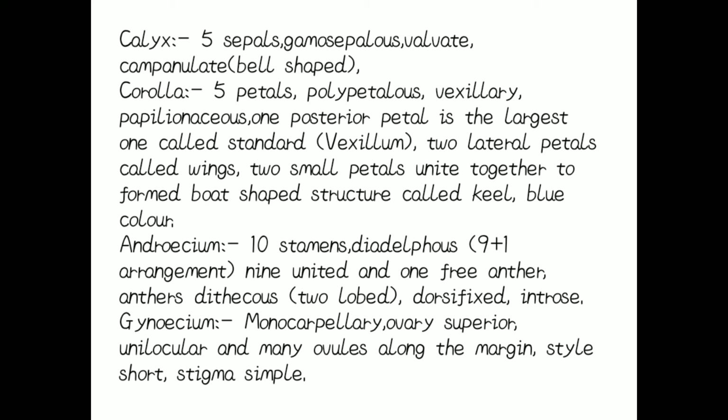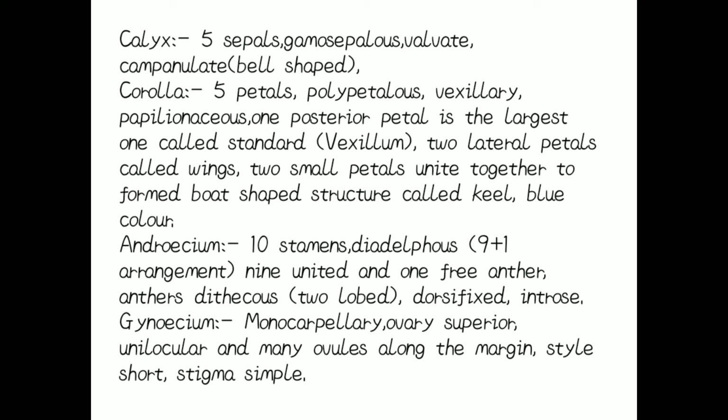It is the largest. 2 lateral petals are called wings, and 2 small petals unite together to form a boat shaped structure, and that is called a keel. And the petals are blue colored.